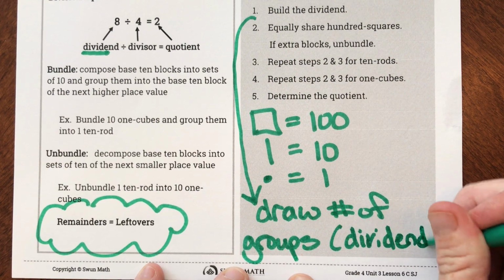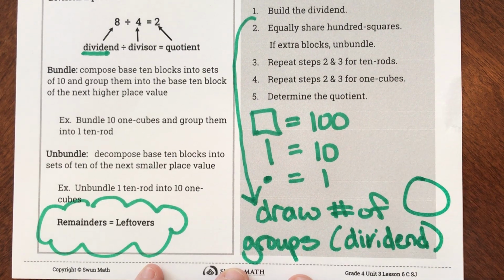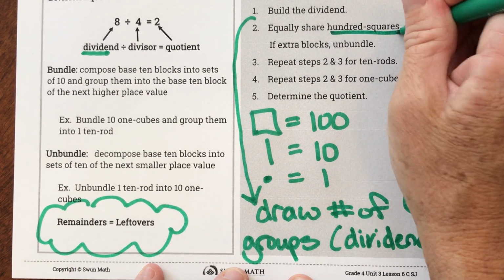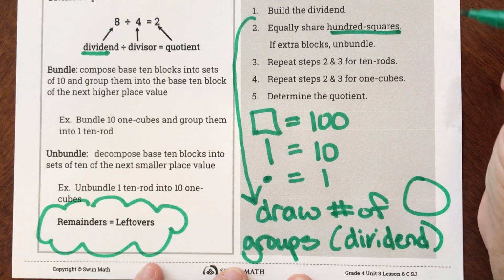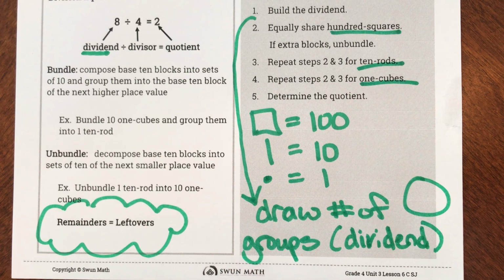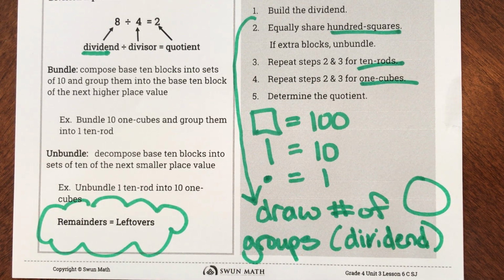Just like yesterday, we draw big circles so we have something to pass out in. Then when we start dividing, we do our 100 squares first, then our 10 rods, then our 1 cubes. I'm going to follow these steps pretty closely: build, draw my groups, and then divide with hundreds, then tens, then ones.